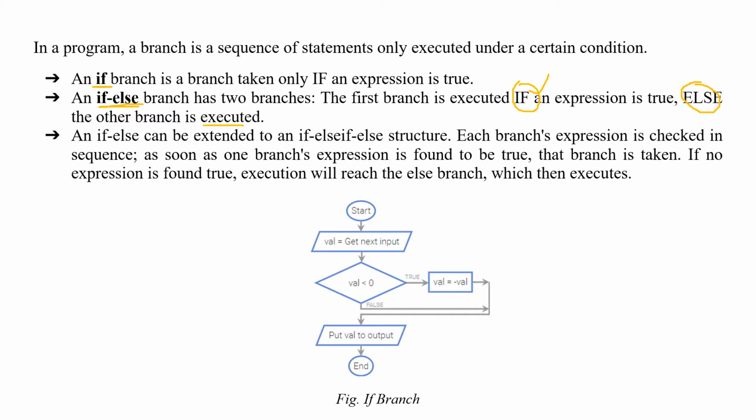Let's look into the examples of these right here. This is the algorithm, like the flow chart. The algorithm starts here. The user is giving an input, so let us take the variable value to be 1.